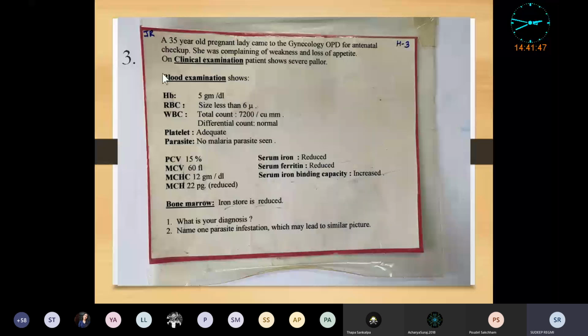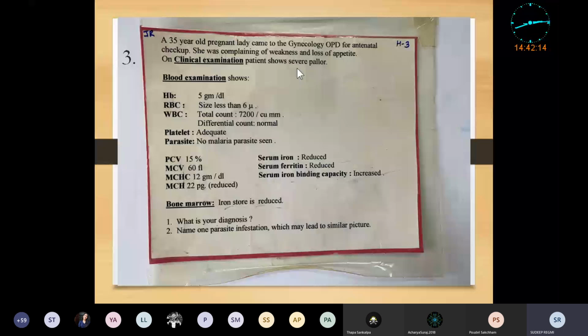A 35-year-old pregnant lady came to the gynecological OPD for an antenatal checkup before the birth of the baby. She was complaining of weakness and loss of appetite, and on clinical examination, the patient showed severe pallor. You know what pallor means? In ICM, you must have been taught pallor.